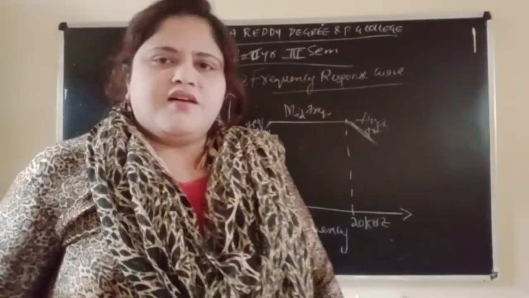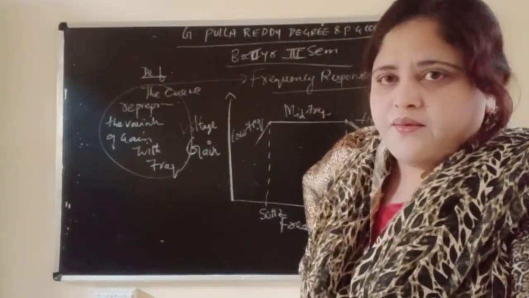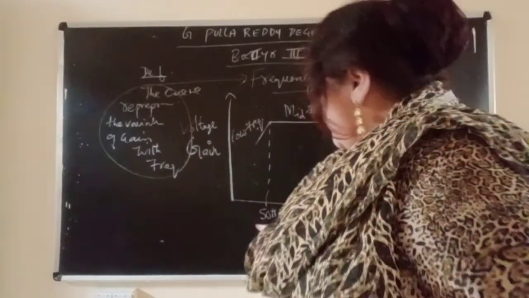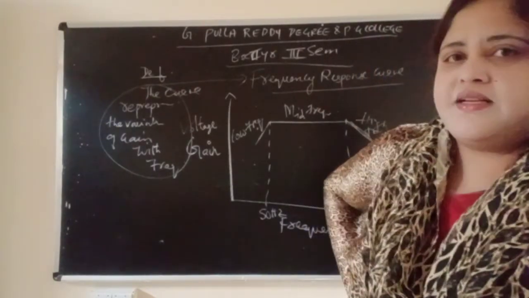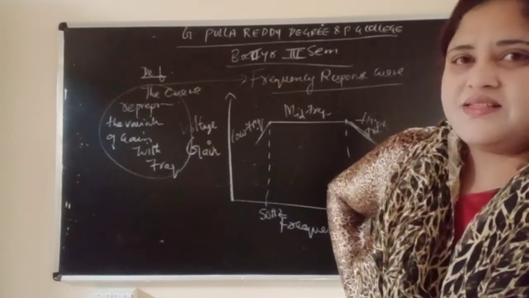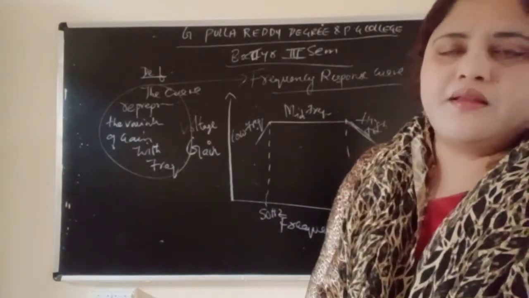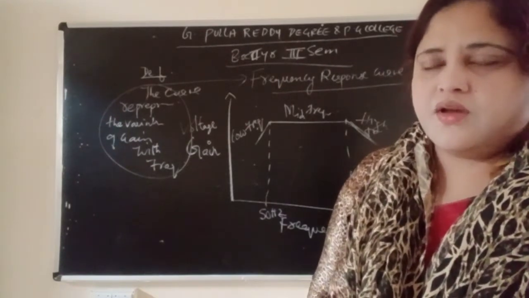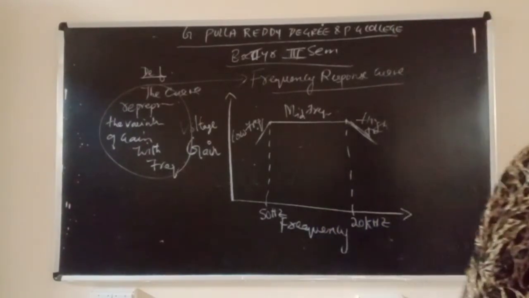The curve representing the variation of gain with frequency means the input is in the form of frequency, and here it is getting voltage gain. So remember the definition: the curve representing the variation of gain with frequency is known as frequency response curve.